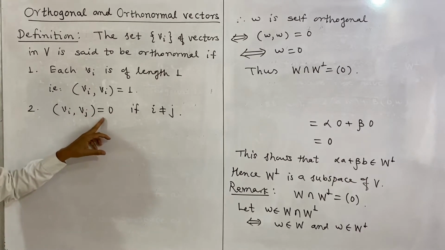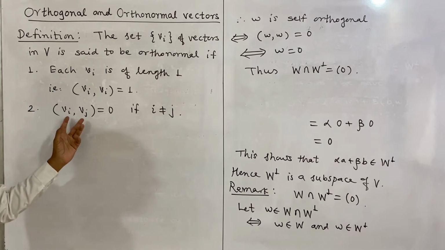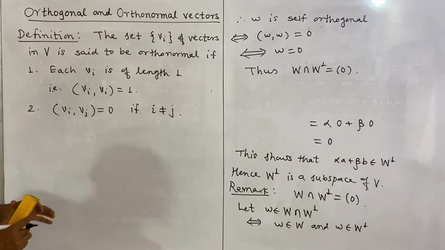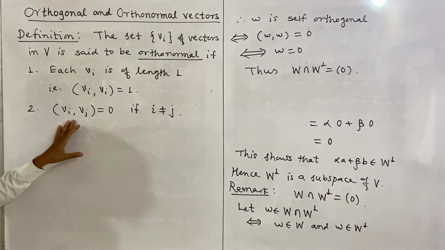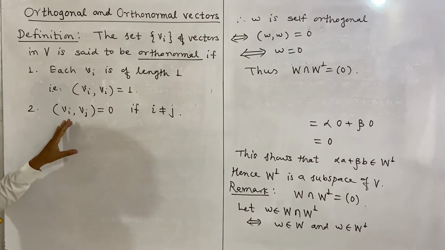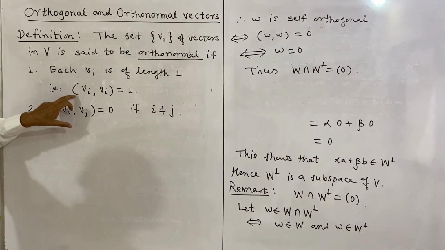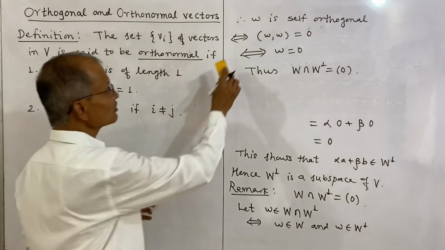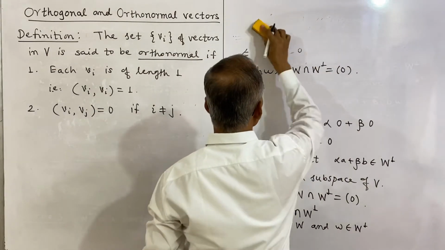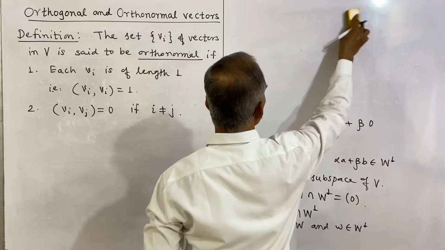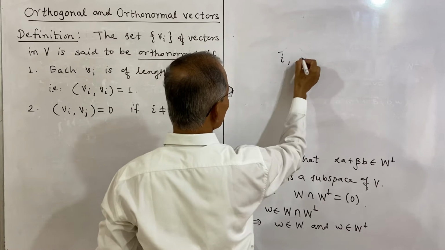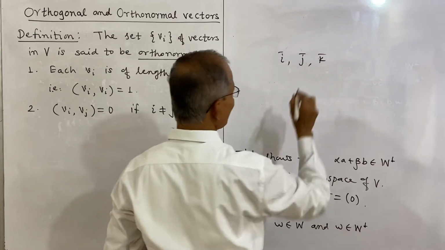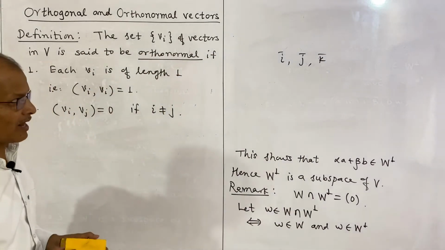Thus orthonormal has two conditions: first, different vectors in that set must be pairwise orthogonal, and further each vector must be of length 1. This is a similar concept to perpendicular unit vectors. In a dot product we have the perpendicular unit vectors along the x, y, z axes, which we have denoted by i, j, k.